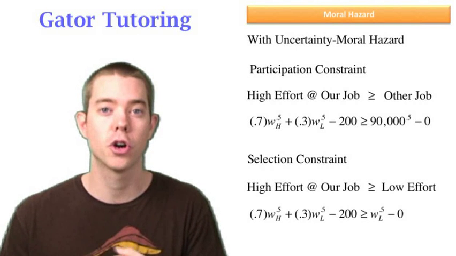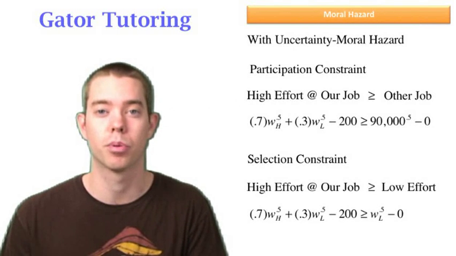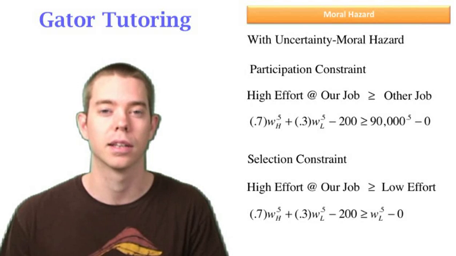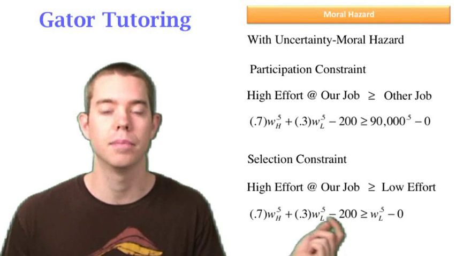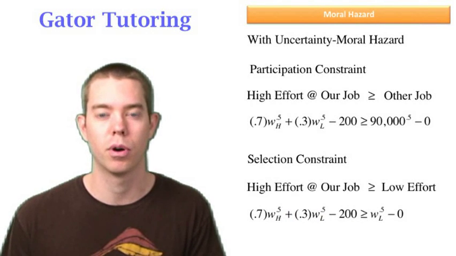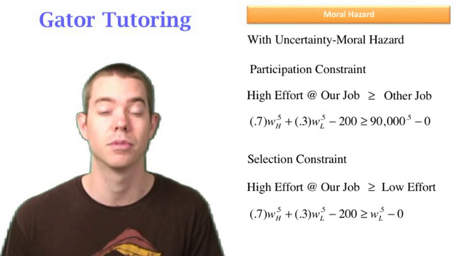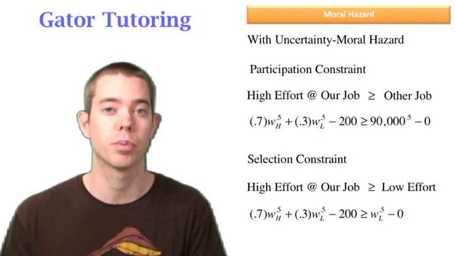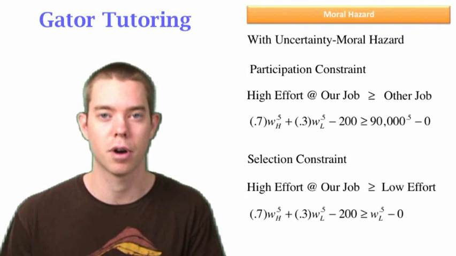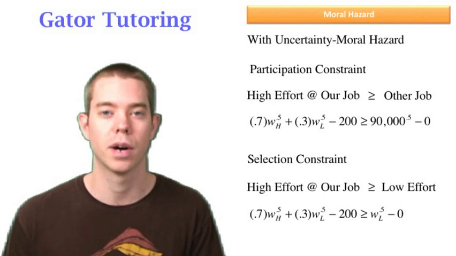That's because there's a 100% chance they're going to make low profit with low effort. Let's say there was a 20% chance they'd make high profit. Well, then we'd have 0.2 times WH to the 0.5 plus 0.8 times WL to the 0.5 minus that 0. So just make sure you understand that this is a special scenario where there's a 0% chance of making high profit with low effort. And that's why the right side looks like this.